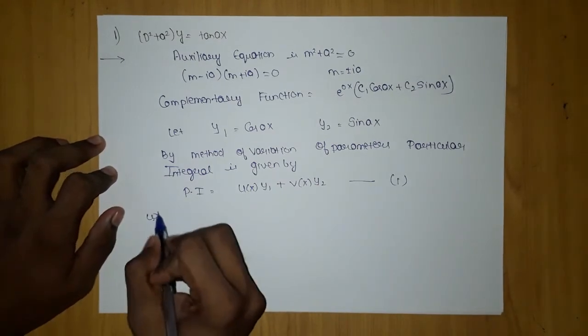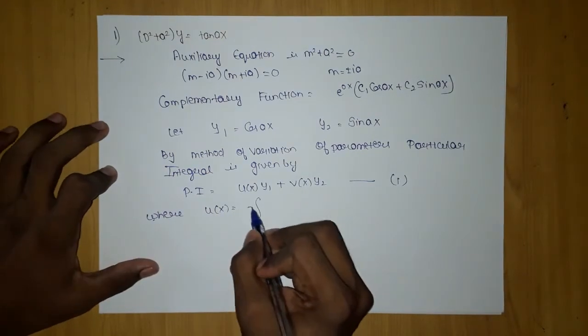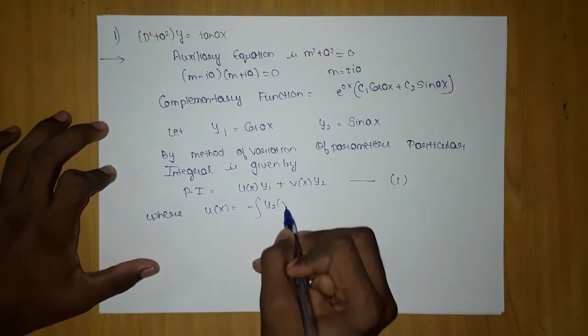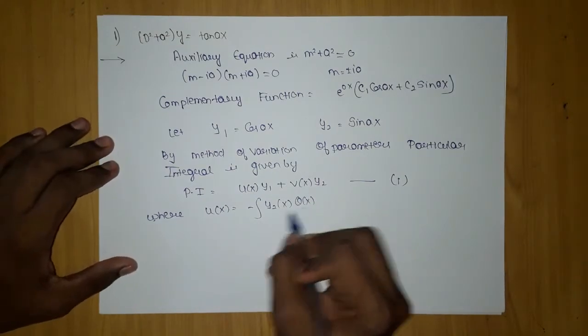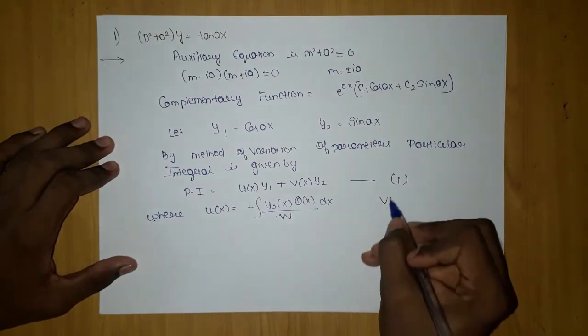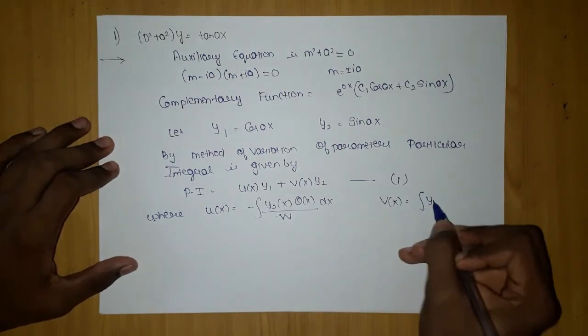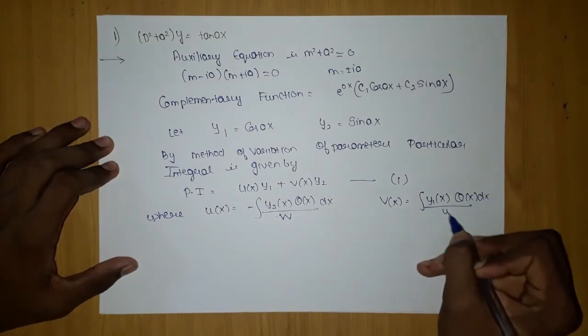Now where you will write u of x is what? U of x is nothing but minus y2 of x into q of x, the whole by w, which is the Wronskian constant, and here v of x is nothing but y1 of x into q of x dx by w.